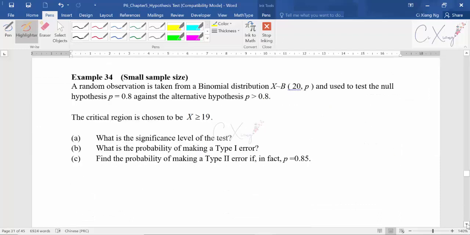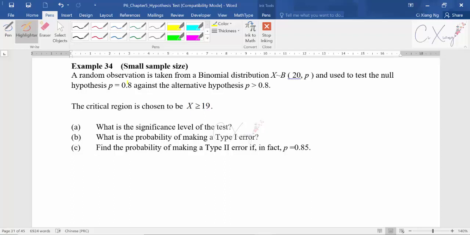You can read the question first. For this question, they already tell you very clearly that a random observation is taken from a binomial distribution and they want to test the null hypothesis against the alternative hypothesis. They already write it out for you.